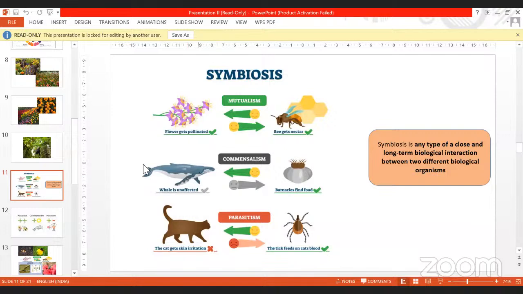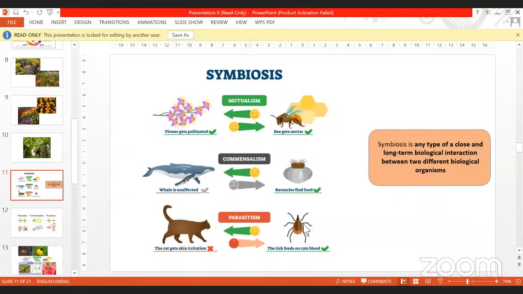Nothing happens to that host. For example, the barnacles grow on the back of a whale or other large animals, or on the body of a ship, which does not get harmed, but the barnacles get benefited. So here it is a one-way benefit.